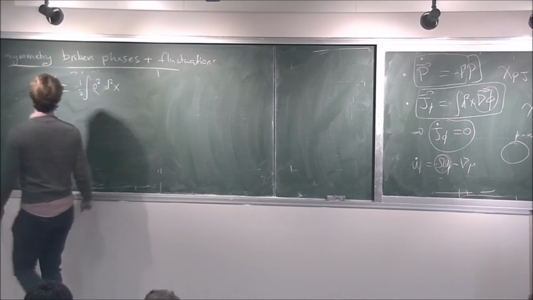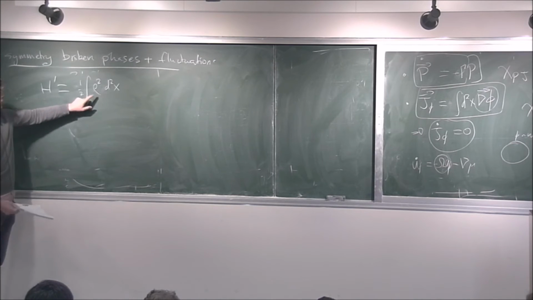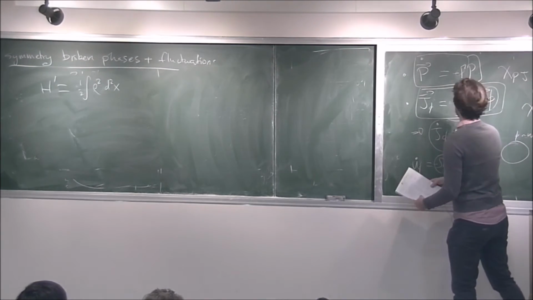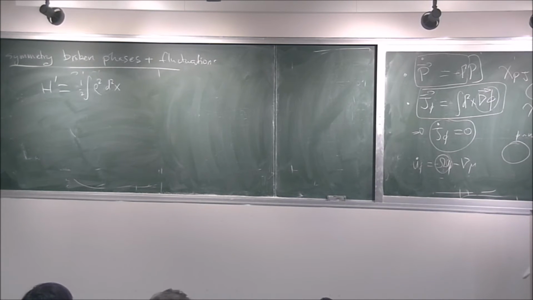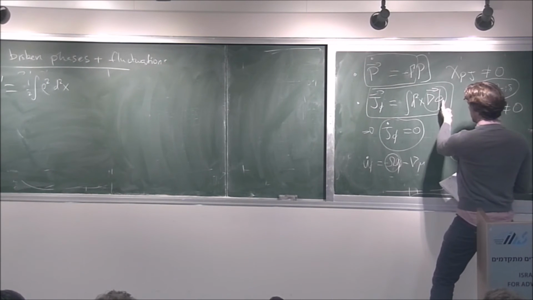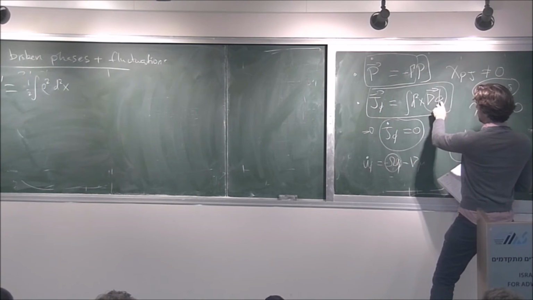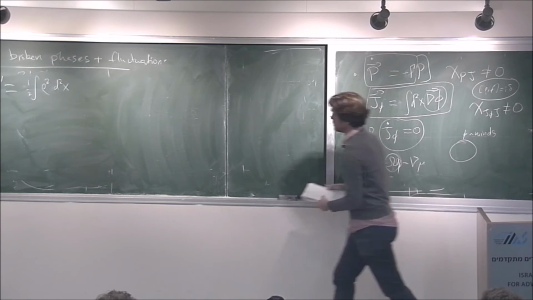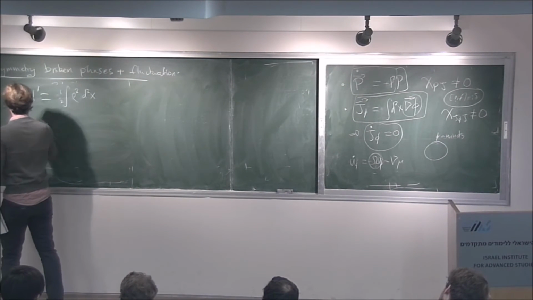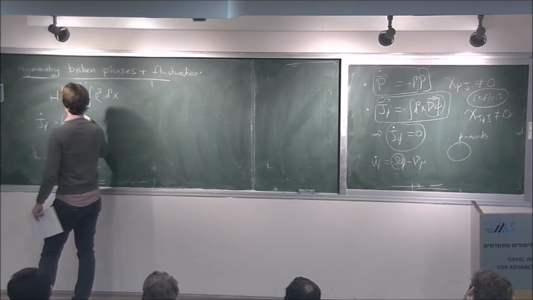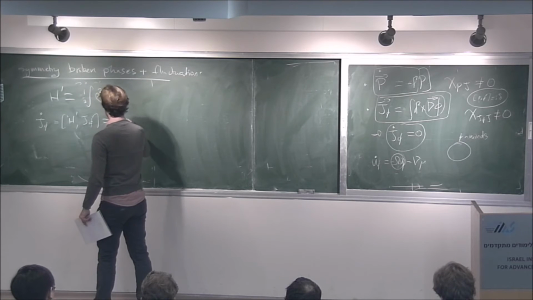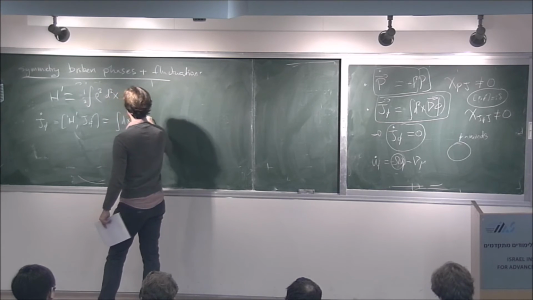So let's try this. If you commute this with J phi using this canonical commutation relation, hopefully it's clear. So you basically move the rho inside, you commute it with this, and the rho squared, you get a rho, but it's inside a derivative. So what you'll find is that J phi dot, which is H prime commutator J phi, is the integral over space of the derivative of rho.